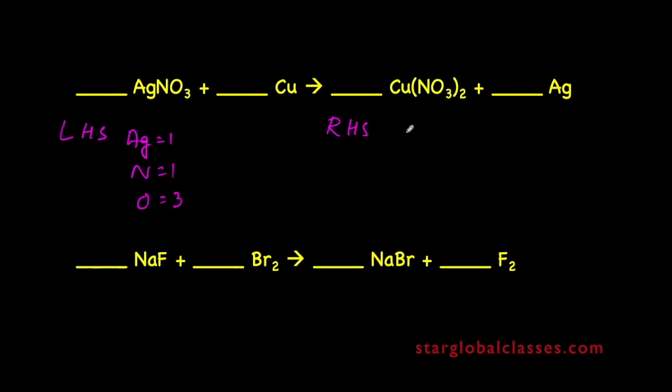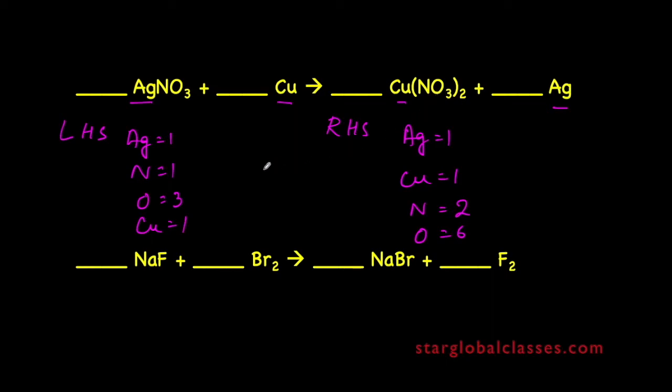And on the right hand side, silver 1, copper 1, nitrogen 2 and oxygen 6. Copper is also 1 on this side. So copper and silver on both sides are 1, 1. But nitrogen here is 1 and nitrogen on the right hand side is 2.